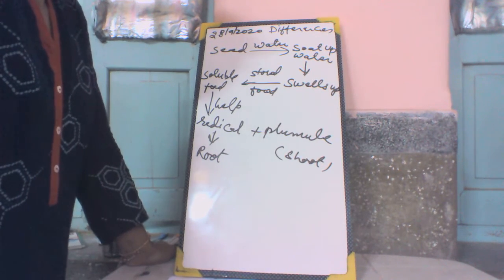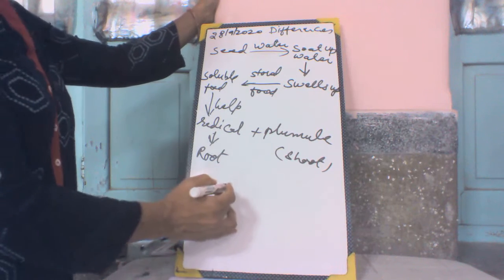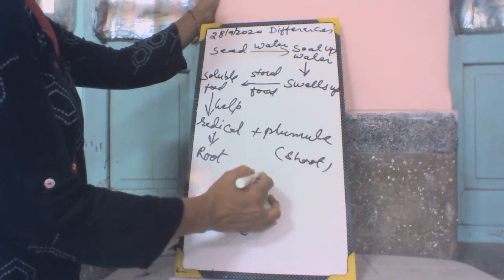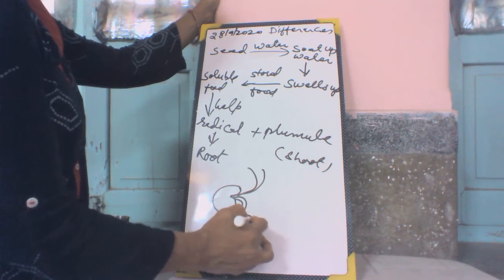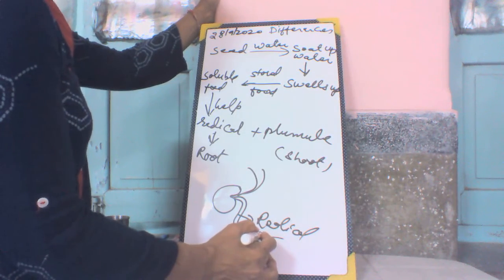After some time, the first root grows. First roots develop in the soil. Radicle roots grow first.